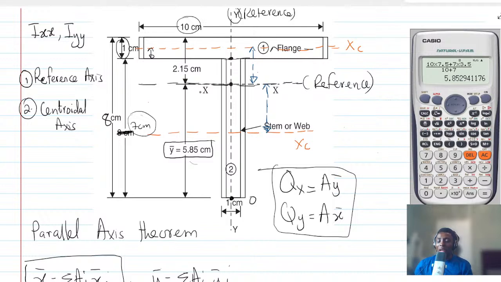But for a typical question like this, you have to find the moment of area about the centroidal axis first. I'm sorry, about the reference axis. In other words, you find the centroid of the whole figure, then you come and do the question. So we are about to start the question actually.